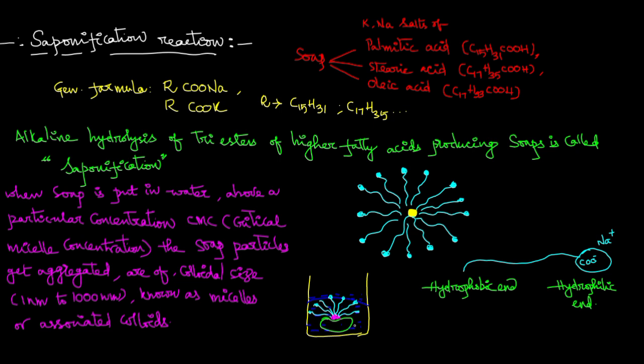Consider this is a cloth which contains a dirt particle. This is not removed with normal water because dirt particles or grease particles or oil particles are made up of hydrocarbons which are non-ionic. We have to use potassium and sodium salts of higher fatty acids like palmitic acid, which is C15H31COOH, stearic acid, which is C17H35COOH, and oleic acid, which is C17H33COOH.